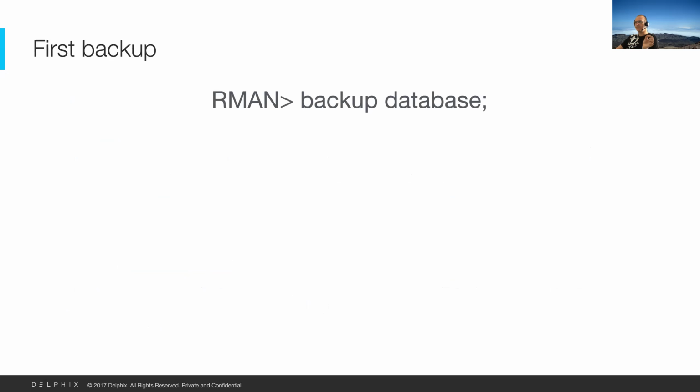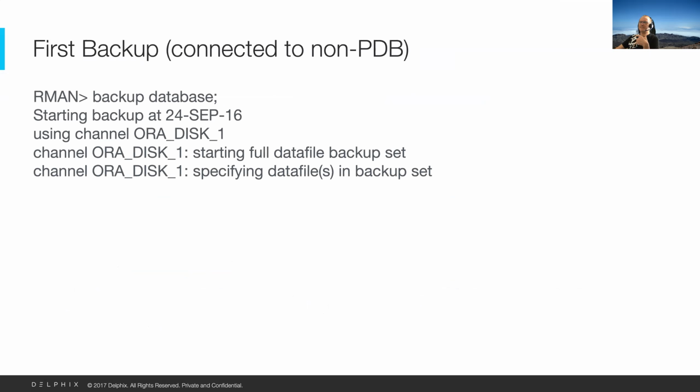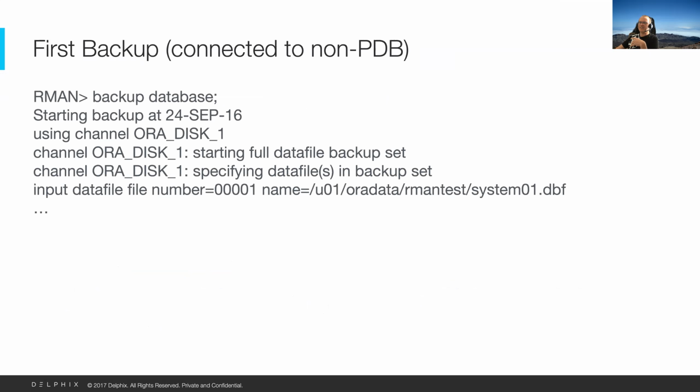Okay, so if you connect to your database and you just specify backup database as the first command you can use, and if you are connected to the non-PDB database, basically what we see is that we are starting the backup, we are allocating the channel, and that's it. RMAN doesn't need to know what to backup.